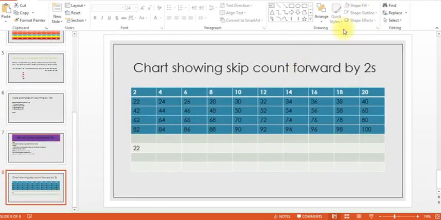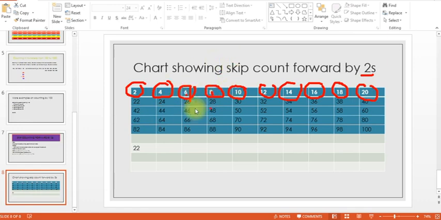Okay, so that is the skip counting forward table. It's a chart for skip counting forward by 2s. So from 2, what are you getting now? 4, 6, 8, 10, 12, 14, 16, 18, 20. So how did we get from 6 to 8? We only added 2 to the 6 to get 8.